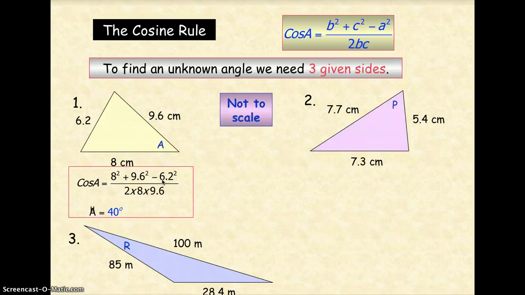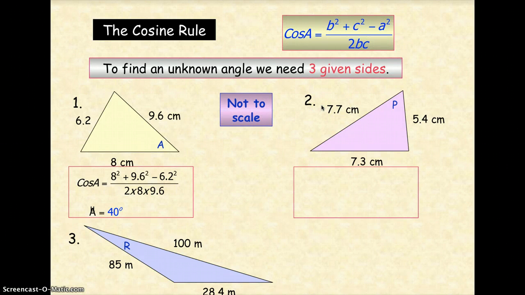Remember that you're trying to find the missing angle, so in your calculator you should be using inverse, or second if you're using TI, and shift on the other calculator. Now, to solve the other problems, same thing.